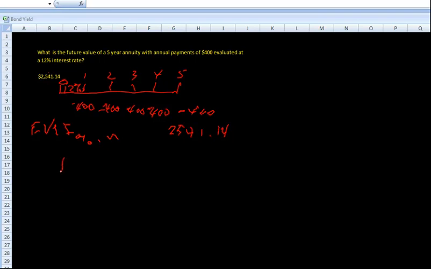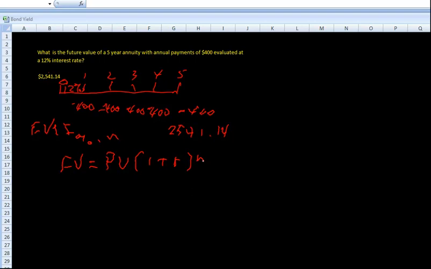Okay, so what we need to do is calculate a future value. And a future value equals the present value times 1 plus the interest rate of R to the nth power. Okay, so that's how we would do it ordinarily.